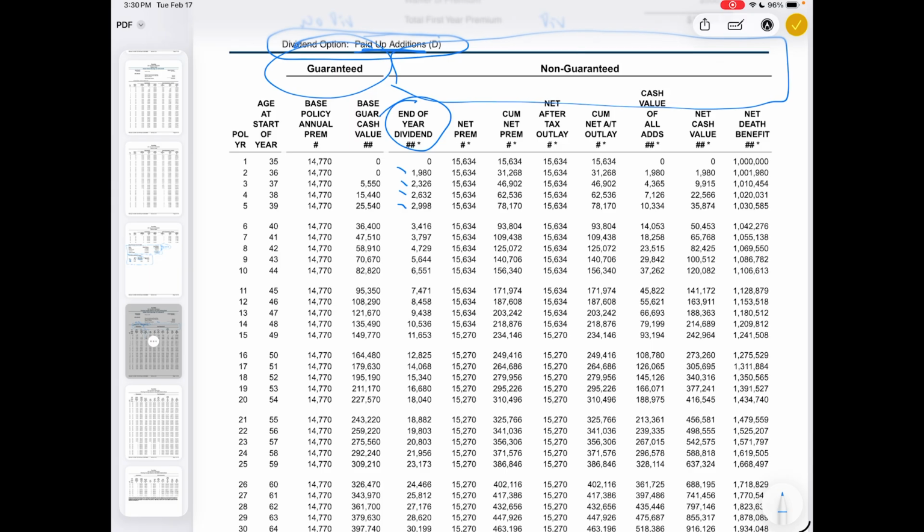So, for example, let's go to year 6, where the dividend payment is projected to be $3,416. That assumes that the dividend scale remains exactly the same as it was in year 1 through year 6. If, for example, the dividend scale does remain constant through year 5, but in year 6 is reduced, that could result in a dividend payment that is less than the $2,998 that was earned in the year prior.